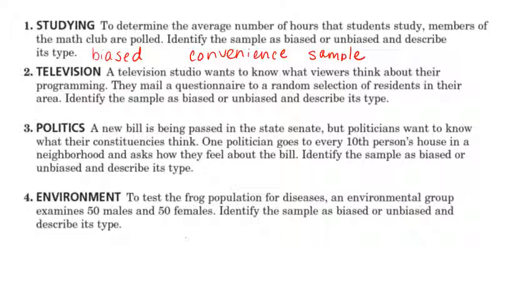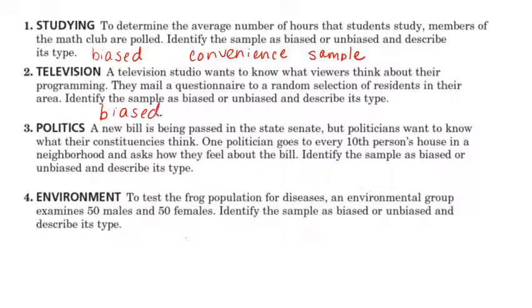So, even though they send a questionnaire to random selections of residents in their area, when they get responses back, it's not going to be as random as you would like it to be. The people that are going to respond are just the people who can or are willing to respond. So even though it started out probably being unbiased, your results will be biased.